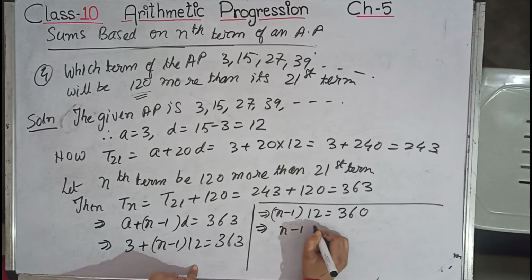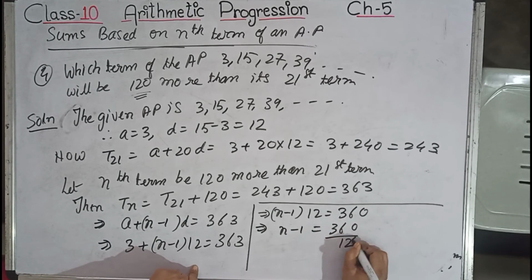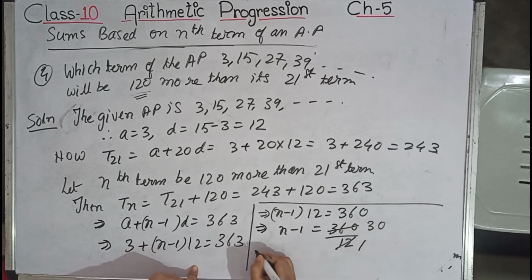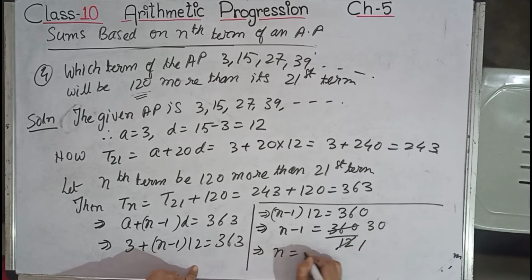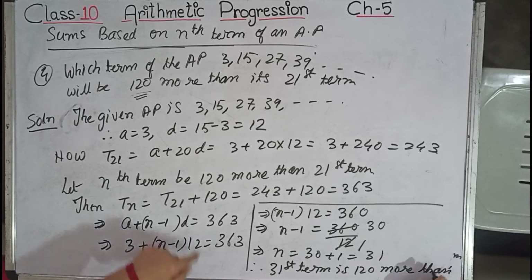This implies n minus 1 equals 360 by 12, which is 30. This implies n equals 30 plus 1 equals 31. Therefore, the 31st term is 120 more than the 21st term.